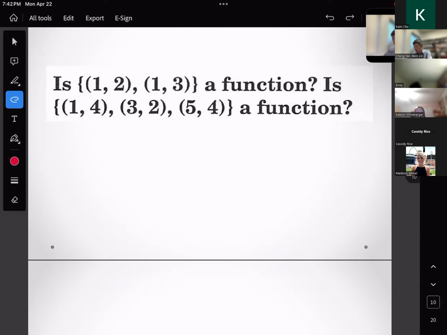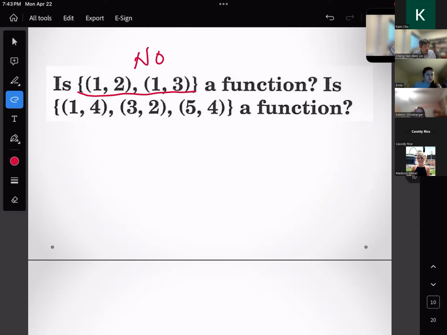The first one is a function or not function? The first one, no, and the second one, yes. The first one is a no because one input cannot have two outputs, right? So this is a no.